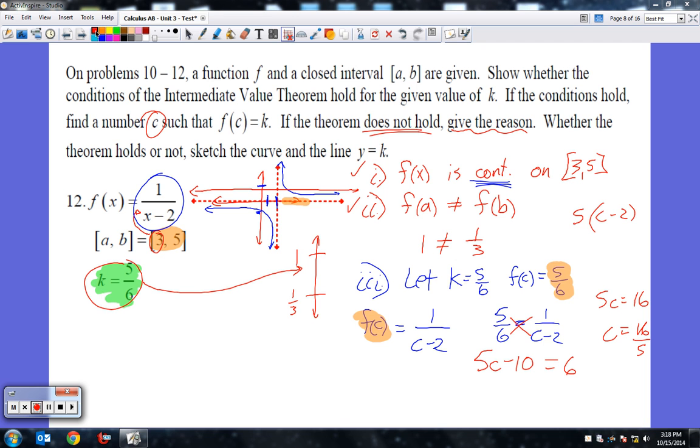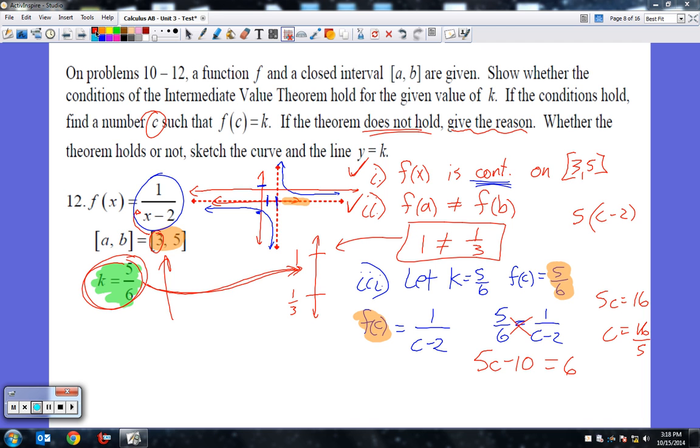Is 3.2 in between 3 and 5? It obviously is. And it will hold, because of everything that we did as far as check 1, check 2, and making sure that our k value was in between these two given output y values, of course it's going to yield an answer by the intermediate value theorem that exists between 3 and 5.